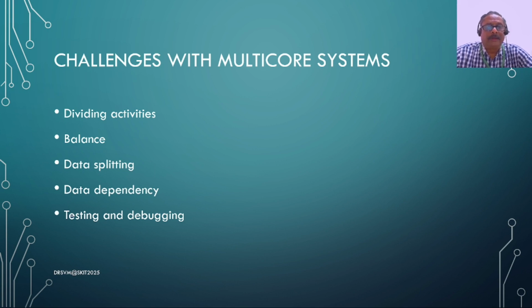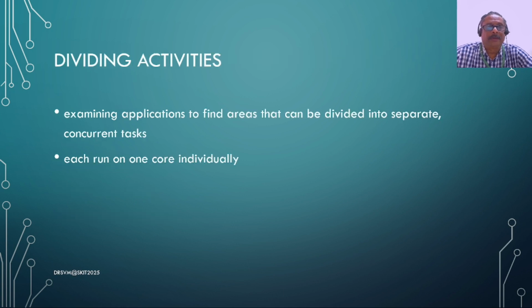The challenges are dividing the activities for the different cores, balancing the load on each core, splitting the data when we are dividing the work to different cores, the data that is being used for each part of the code to be split, and then looking at the data dependency, and finally the problems associated with testing and debugging. So let's see one by one in detail.